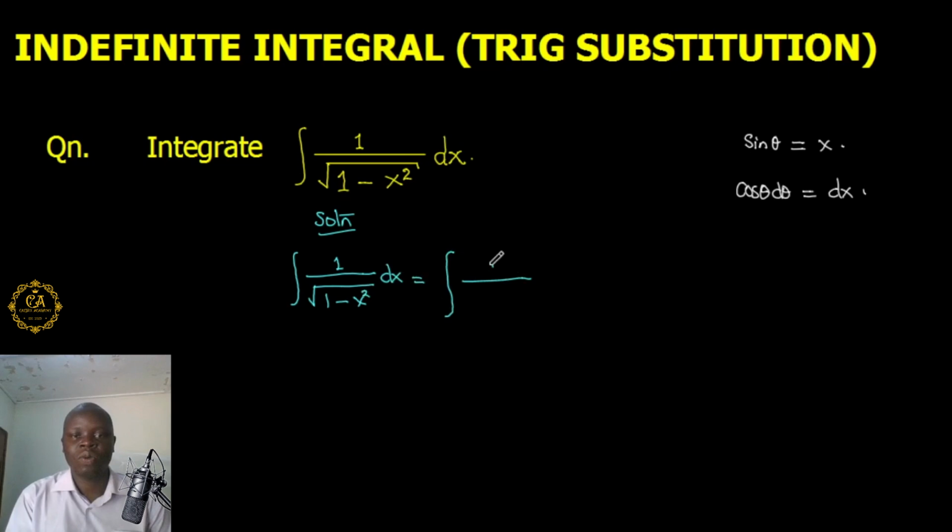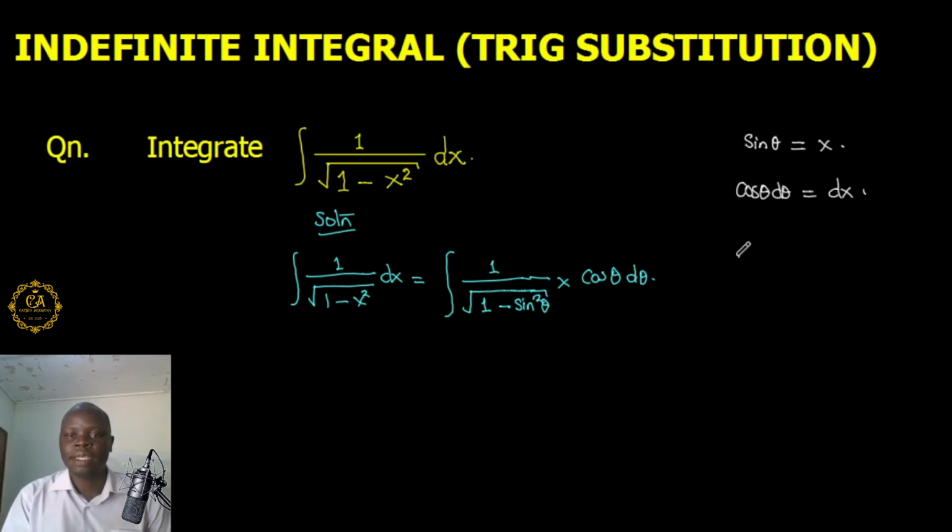Here we're replacing x with sine theta, and we have the square root of 1 minus sine, but remember x has been squared, so we also have to square sine theta, sine squared theta. Then we multiply this by dx, and now dx is cos theta d theta.